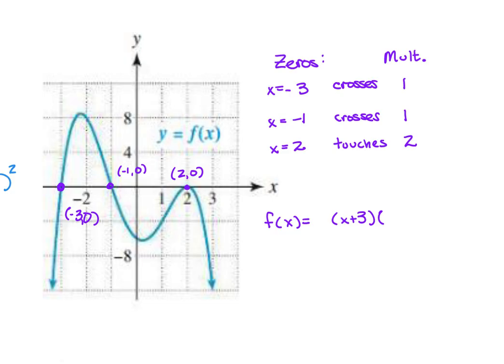For x equals -1, we're going to change the sign and turn it into a factor of x plus 1. Similarly, we have a multiplicity of 1, and so we'll leave it like this. And then finally, x equals 2, I'm going to rewrite it as x minus 2. It has a multiplicity of 2, and so we're going to write this as x minus 2 squared.